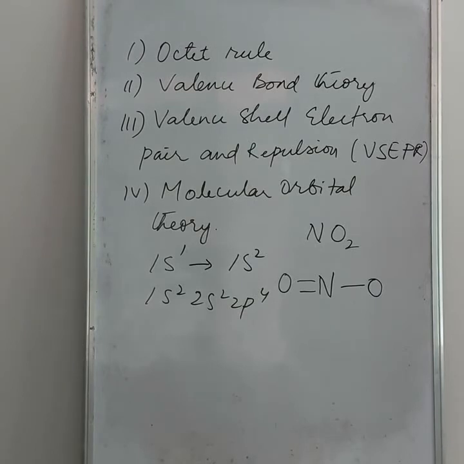In the case of sulfuric acid, if you do the Lewis dot structure, you'll find 12 electrons surrounding the sulfur atom. These are some of the limitations of the octet rule. In order to counter that, valence bond theory was adopted.